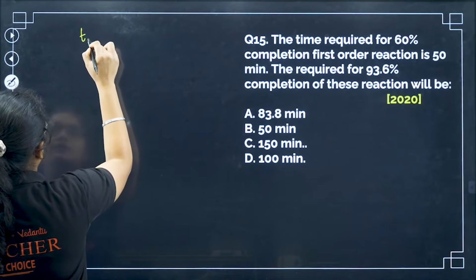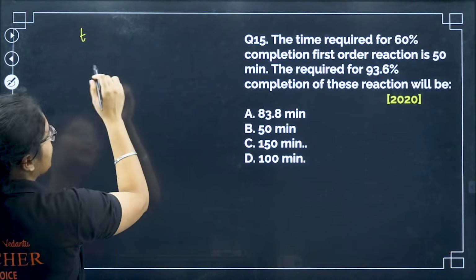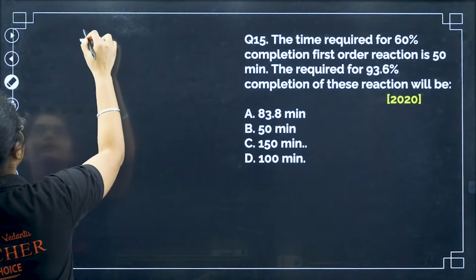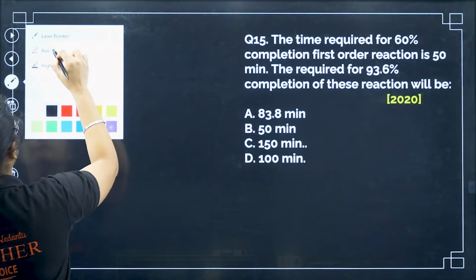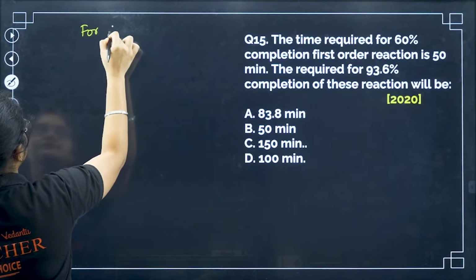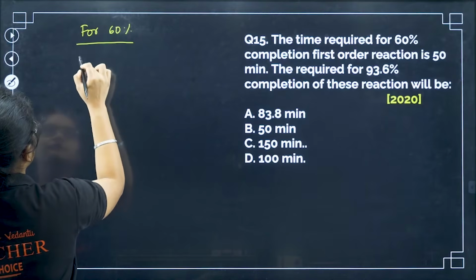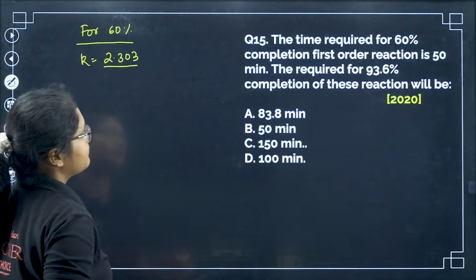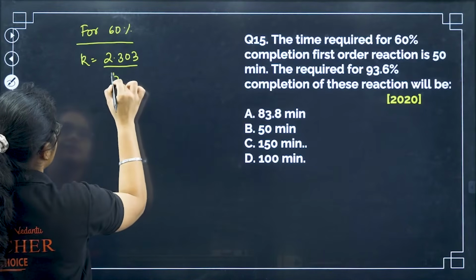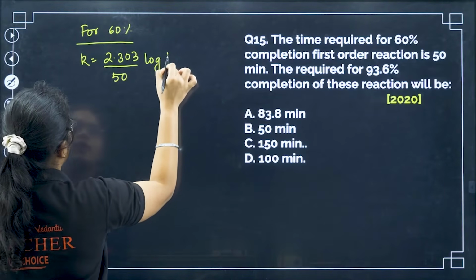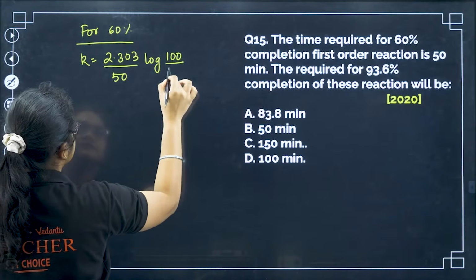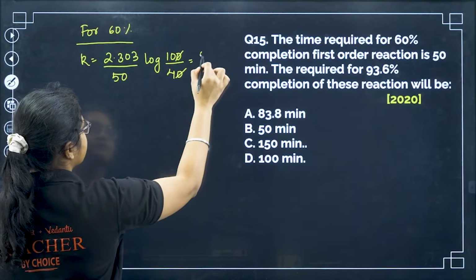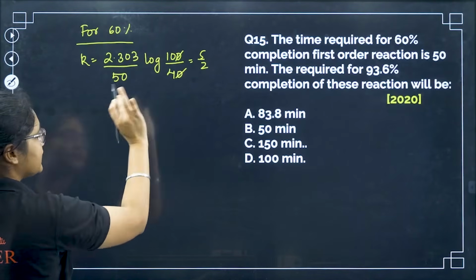So I can write here, for 60% completion, K was equal to how much? 2.303 by the time required, 50 minutes, log of 100 by, 60% is completed, so I am left with 40, right? So I can solve this. 5 by 2 I'll get. You have to keep it like this.